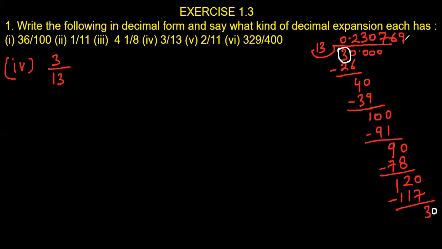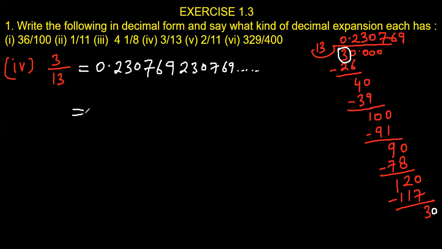and over again, right? So we can say 3 by 13 is equal to 0.2307669, and this 6-digit number will repeat. 2307669 and 2307669, and continue like that.